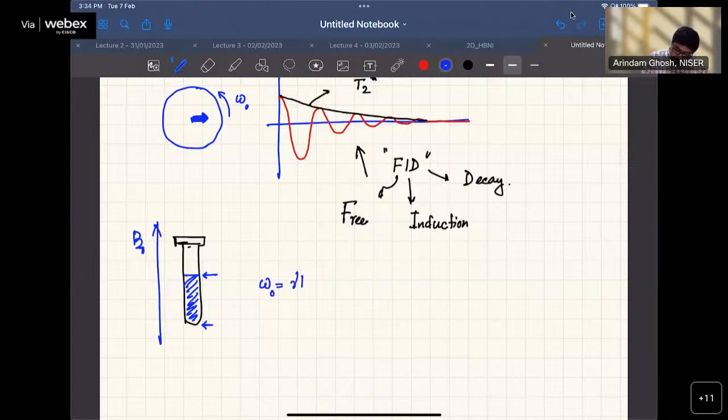Gamma is the same for all protons, B0 is the magnetic field of the spectrometer, 1 minus sigma, maybe a particular methyl proton or a particular aromatic proton. Sigma will differ from one type of proton to another, but I'm taking the same type of proton in different molecules spread over the entire sample. And then this is going to be the omega 0, correct?